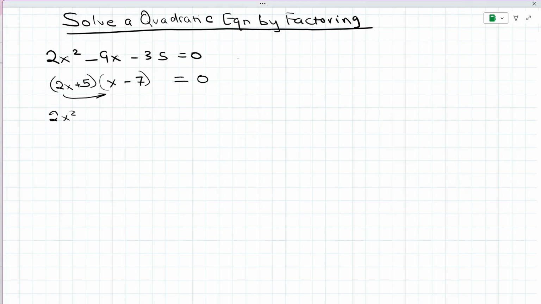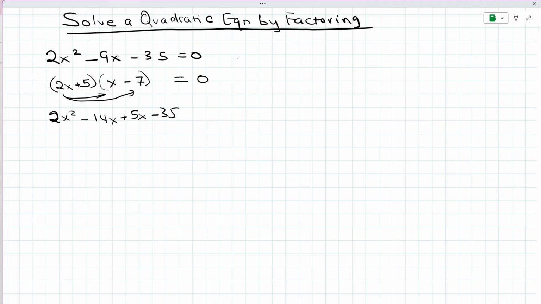Now, when we test this out, 2x times x will give us our 2x squared. And then 2x times minus 7 will give us minus 14x. And then 5 times x will give us positive 5x. And then 5, of course, times negative 7 will give us minus 35.